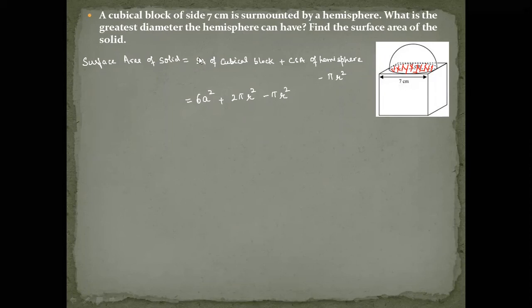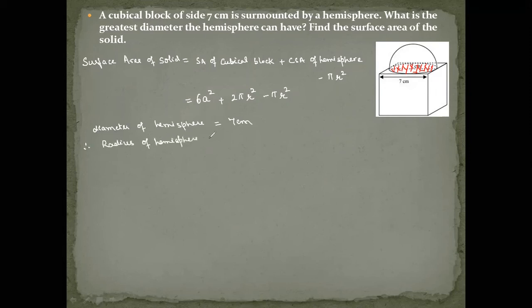So we can write it here. Diameter of hemisphere is 7 centimeter, and therefore radius of hemisphere is 7 by 2 centimeter.